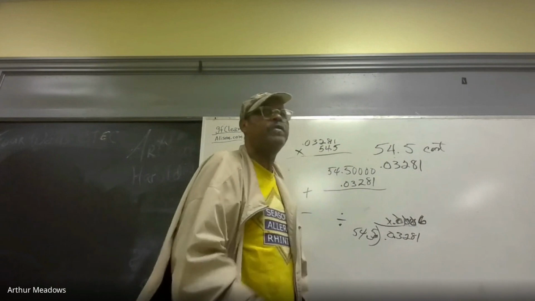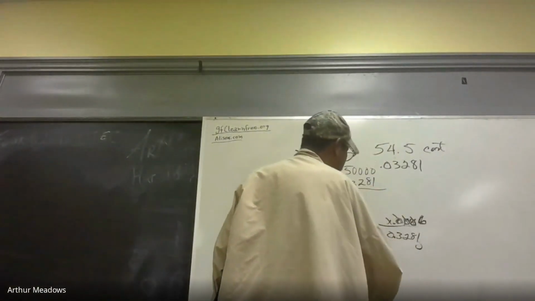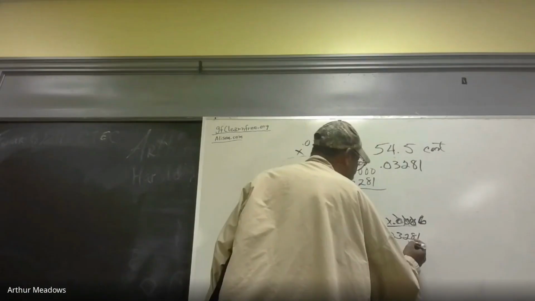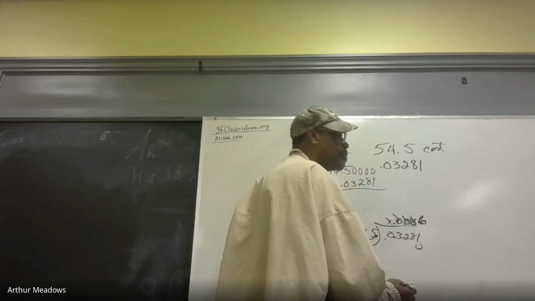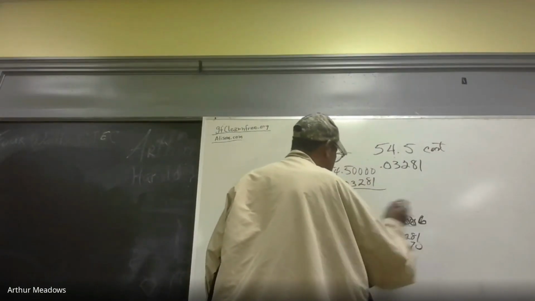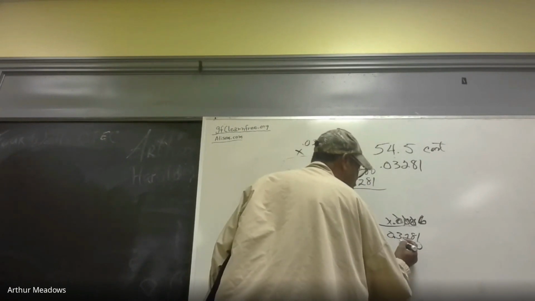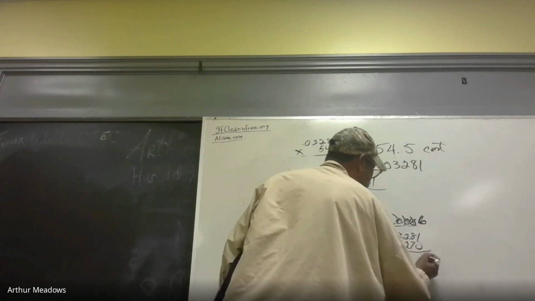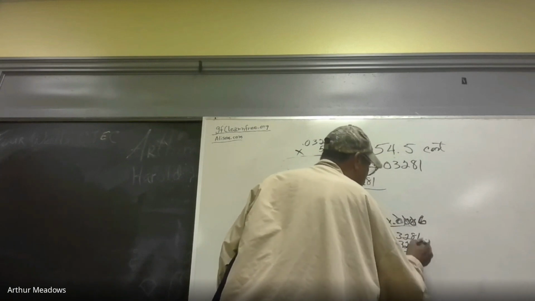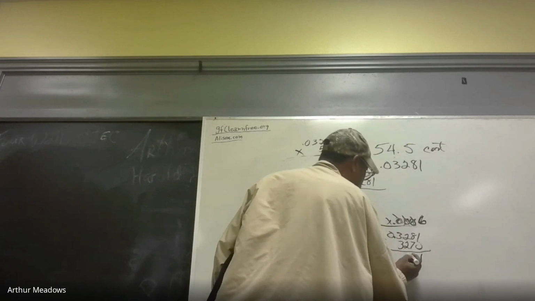Because we put that 4 up there don't mean it's gotta stay. 6 times 5 is 30. 6 times 4 is 24, plus 3 is 27. So 3,270. 0 for that is 1, 1 for that, 7 for that is 1. 0, 0, 0.